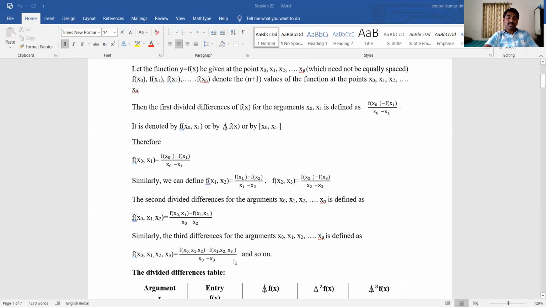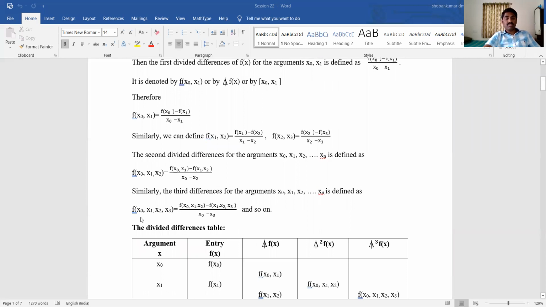Similarly, the third divided differences for the arguments x0, x1, and so on, xn is defined as f of x0, comma x1, comma x2 minus f of x1 comma x2 divided by x0 minus x1. This is the second divided difference.